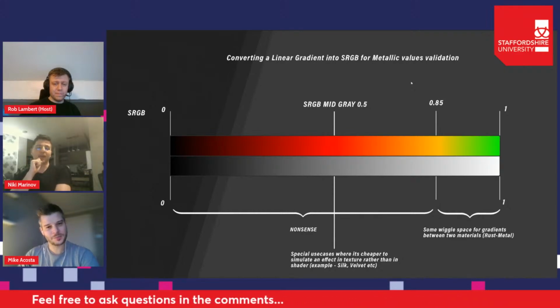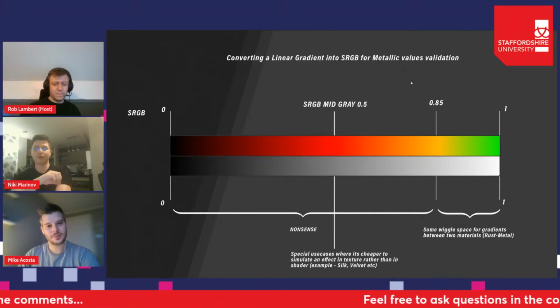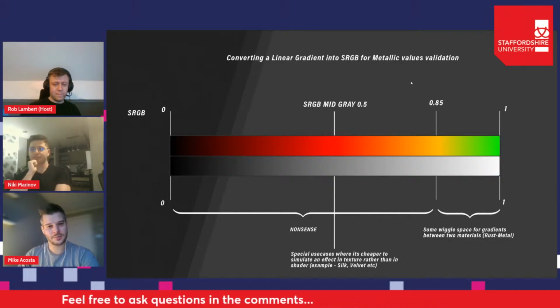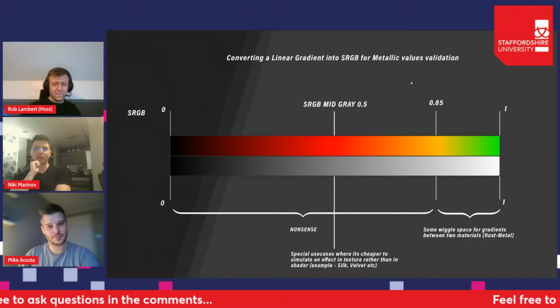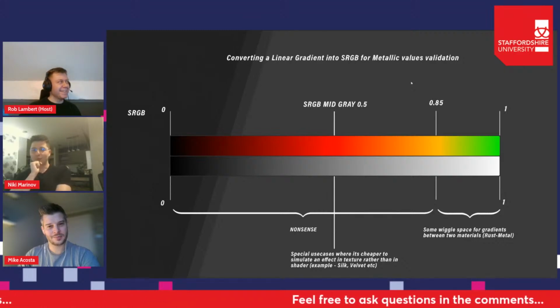So if you're making a metal and it's starting to rust, between the rust and the metal you would have a transition value, and that value can be different than 0 and 1. And everything in between is nonsense, which would not work correctly.